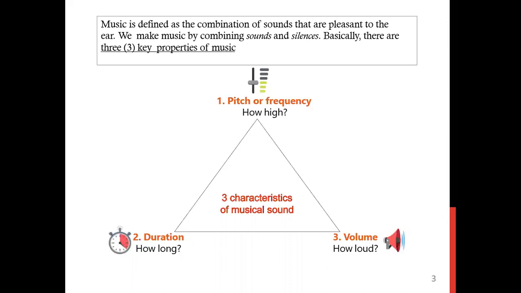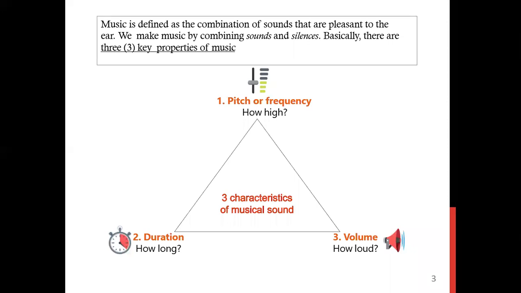Okay, music. We can see what is music. Just like you can see, music is defined as the combination of sounds that are pleasant to the ear. You may find that if you ask someone, what is music?